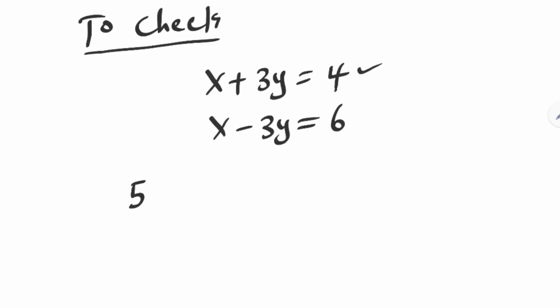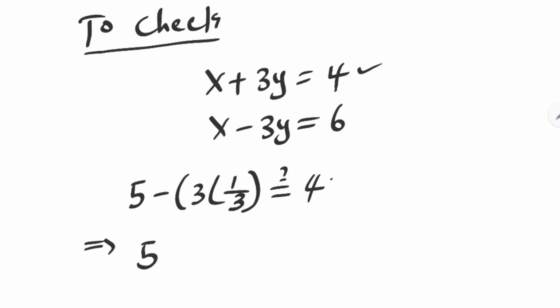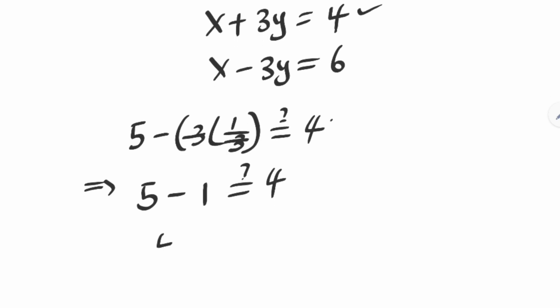Then 5 plus 3 bracket minus 1 over 3 must be equal to 4. Now this is 5 minus 1, this cancels this, must be equal to 4. 5 minus 1, this is 4, is equal to 4, which is true.